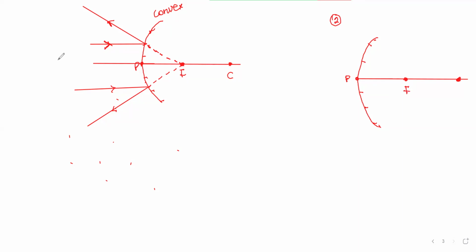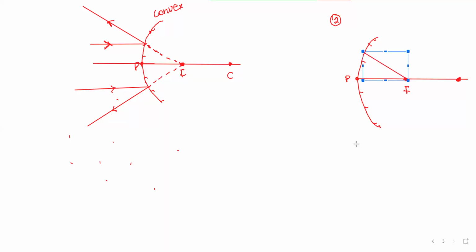Now, for this rule, a ray of light which appears to be passing through F, note that the principal focus of convex mirror is virtual.